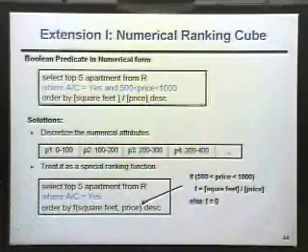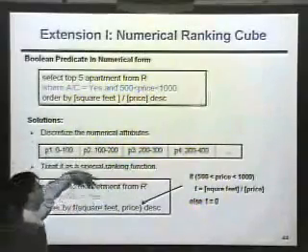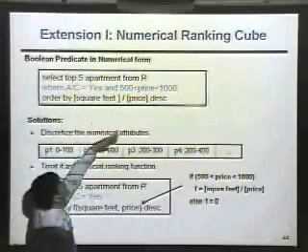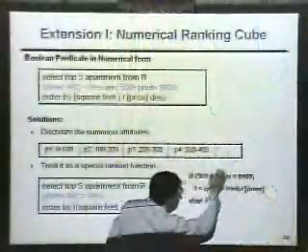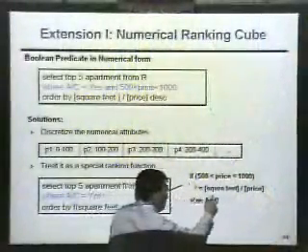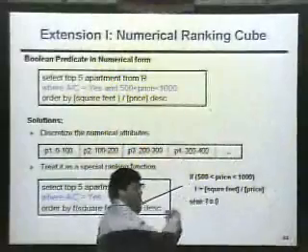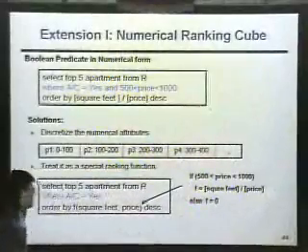The first one, we can discretize the numerical attributes into different bin blocks, and we can transfer this range selection to equal selections. And the other way is that we can treat this range selection as a special ranking function. For example, if the price satisfies this constraint, then we compute the result. If not, then we just output 0. So this is the way we integrate this selection into the ranking.